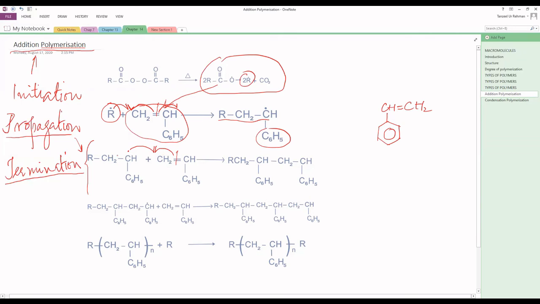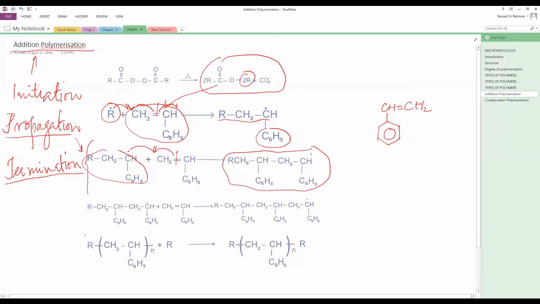There is a bond between these units, and again a free radical is formed. Now this free radical is responsible for starting the reaction with the next styrene molecule. So we get a free radical again and again.